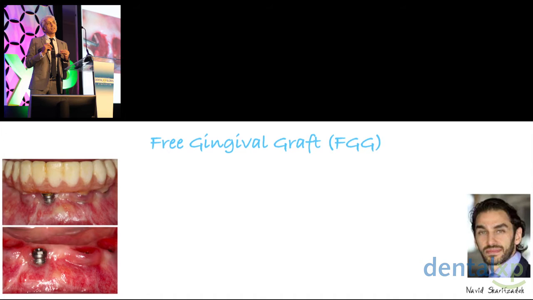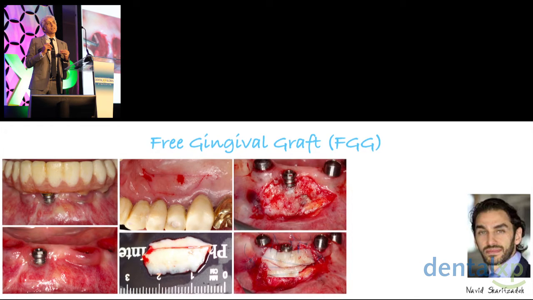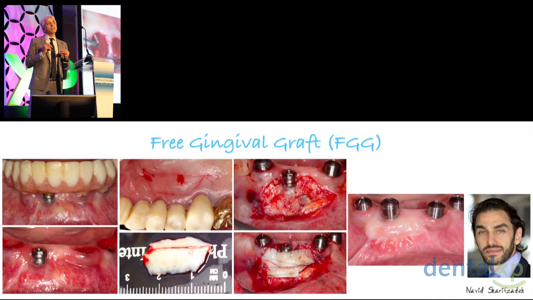There's a patient with mucosal recession around one of the implants with absent zone of keratinized mucosa. And what Navid did was a free gingival graft, taken from the palate and placed as a transplant over periosteum. And you can see that it restores the zone of keratinized mucosa around that implant.